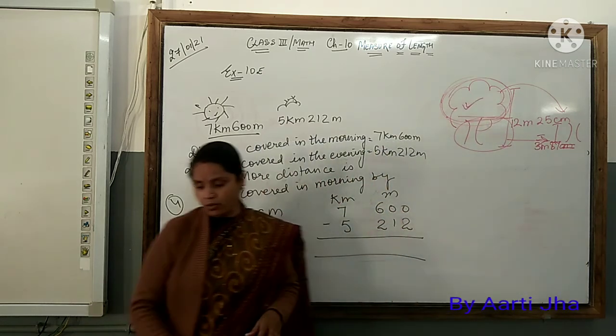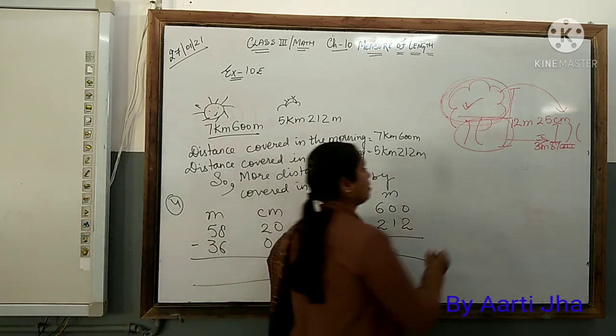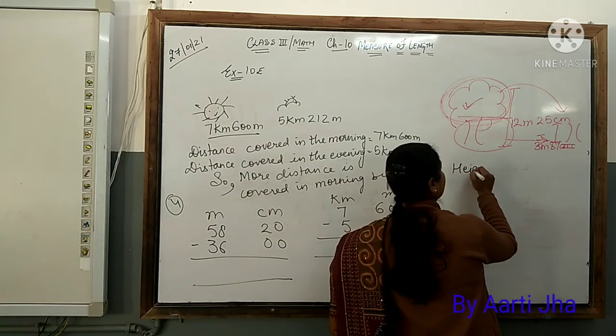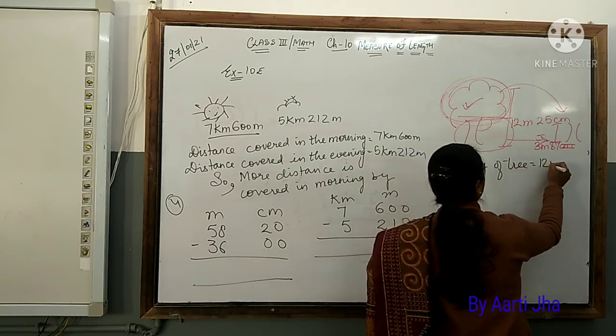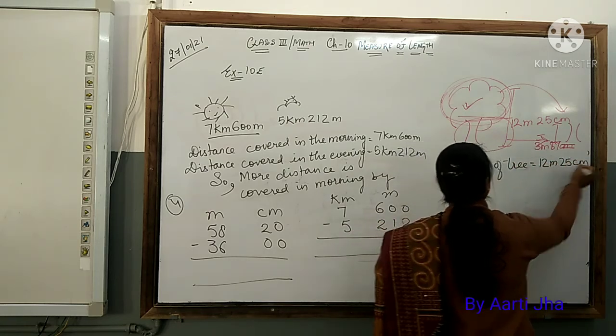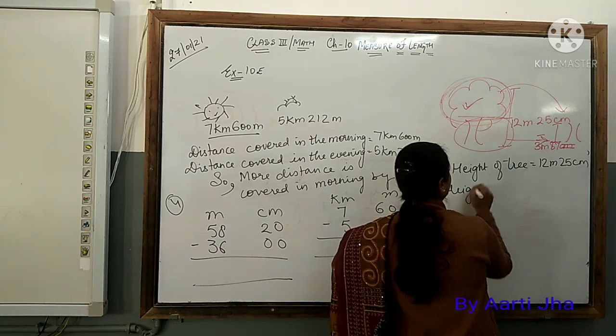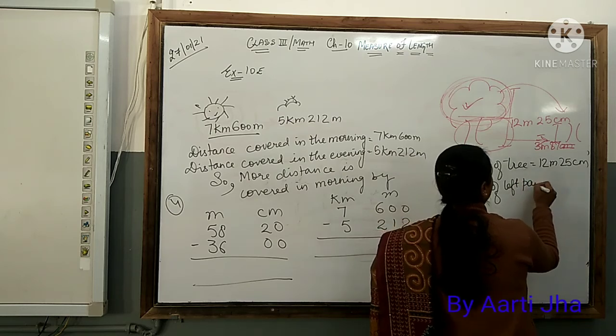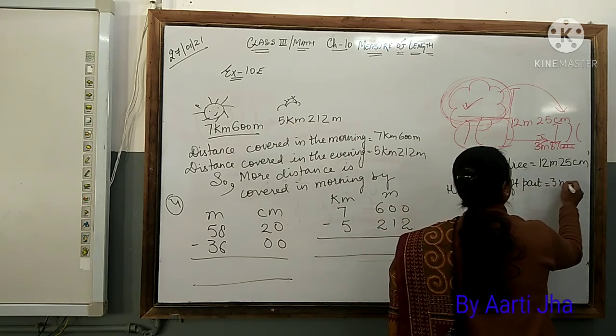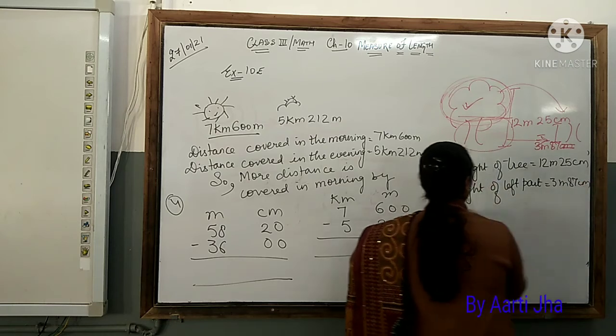Okay, so what you will be doing is, first you will write height of tree is 12 meter 25 centimeter. Height of left part is 3 meter 87 centimeter.